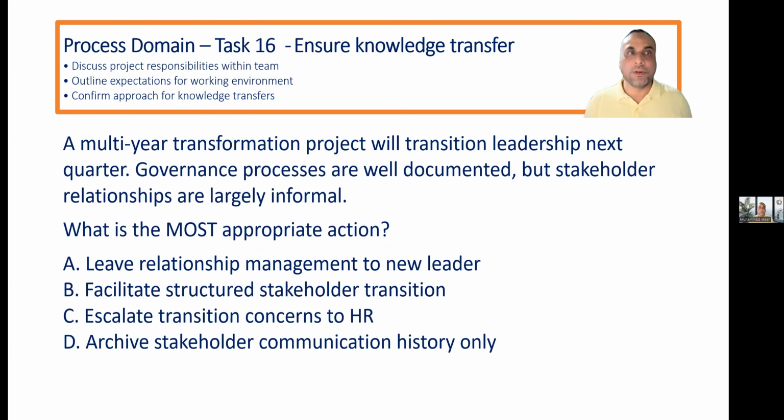Next, a multi-year transformation project will transition leadership next quarter. Governance processes are well documented, but stakeholder relationships are largely informal. What is the most appropriate action?